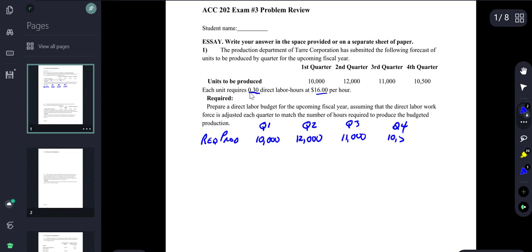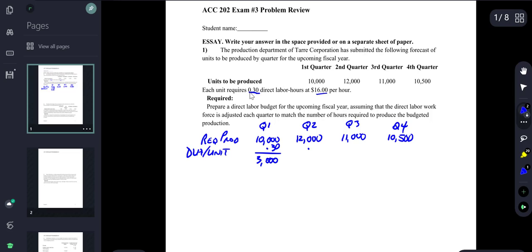So basically, this direct labor budget is going to take that required production and multiply it by the direct labor hours per unit. The direct labor hours are 0.3. So in this first one, we're going to have 3,000 direct labor hours for 10,000 units. 0.30 actually.